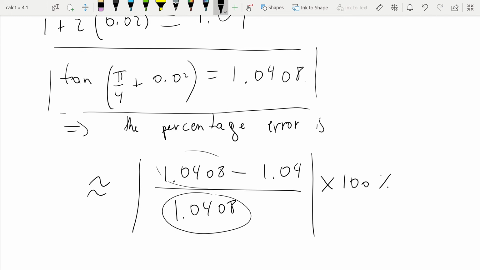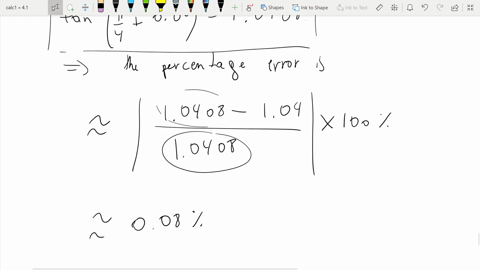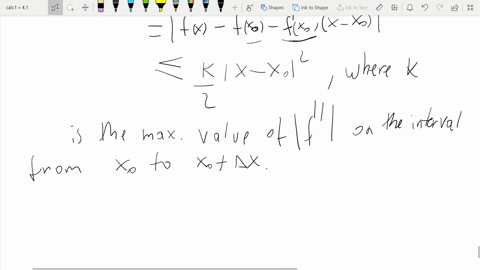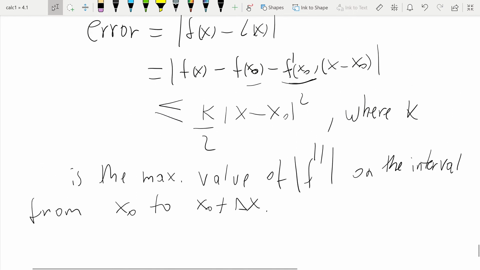So what happens if you don't know the value of the function at the point? How can you estimate the error you're making? Here is where you cannot say for sure what the error is, but you can give a bound on how big it can be.